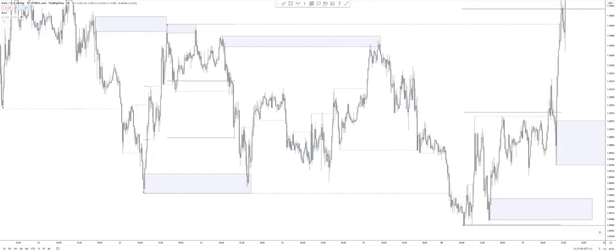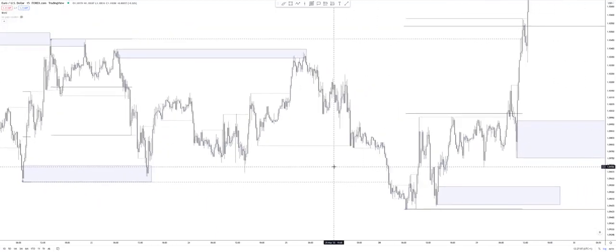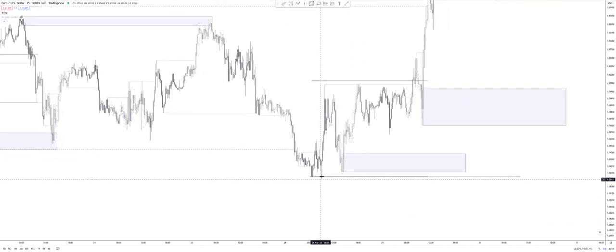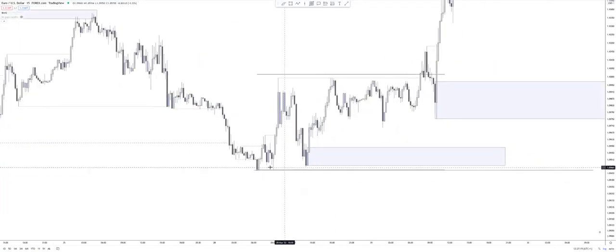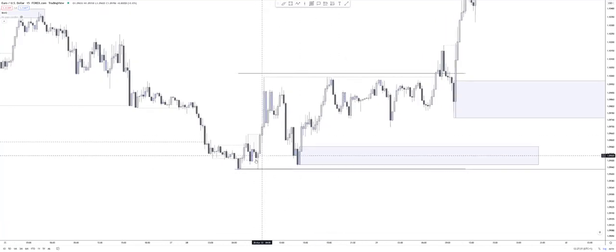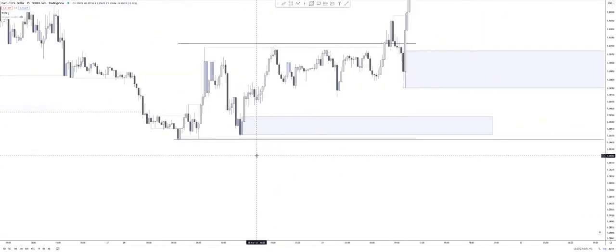And moving on, more examples. What I would say was, again, this is an example of another wick refinement for a demand zone that I was looking for earlier.